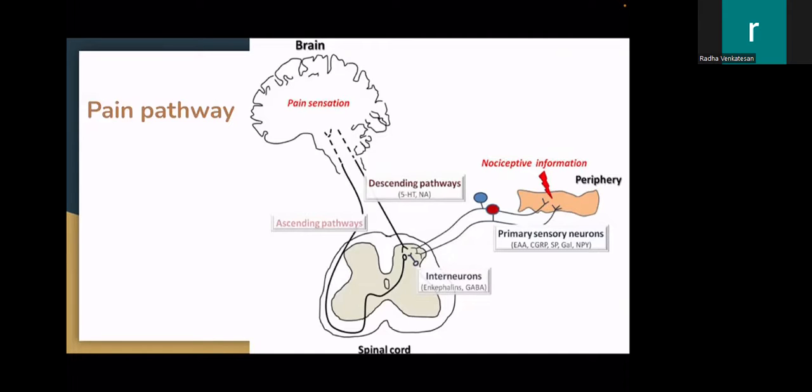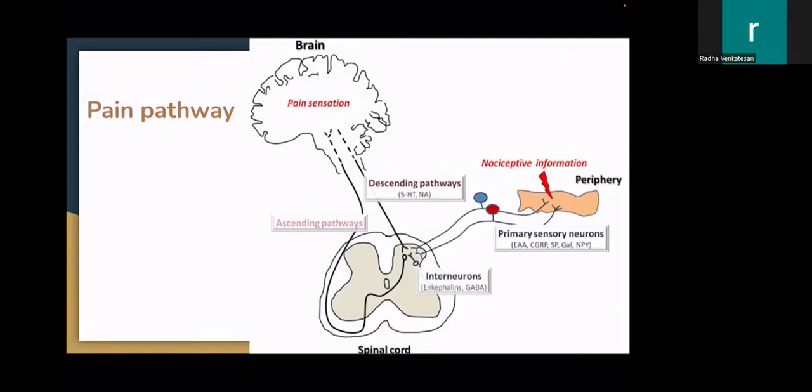And then you have the ascending pathway. Then it goes to the brain, where in the thalamus, pain sensation is perceived. And then it is brought down by the descending pathway and comes back to the site. And then we say, oh, I have pain here. So all this ascending and descending has significance.